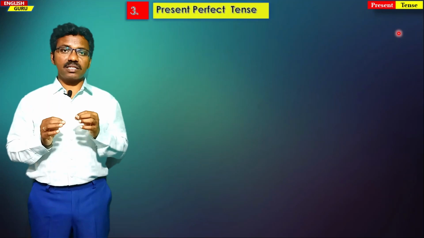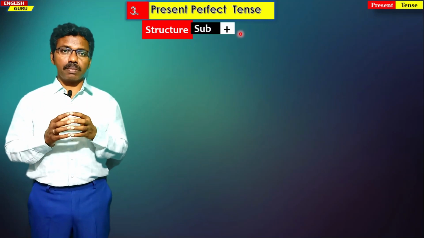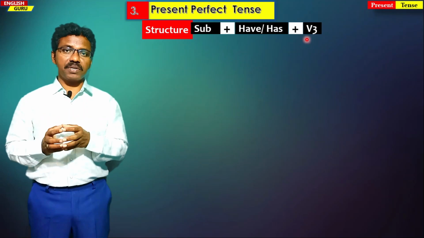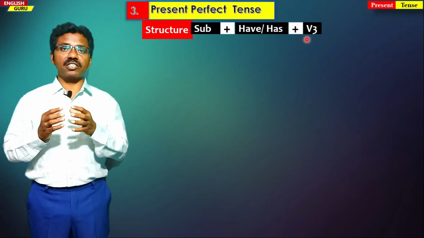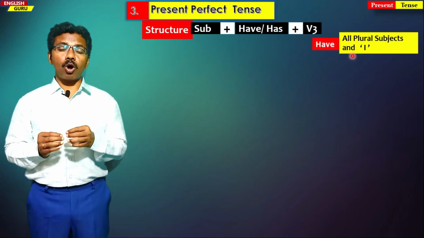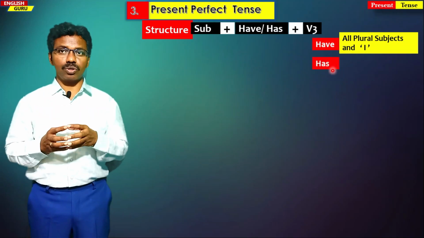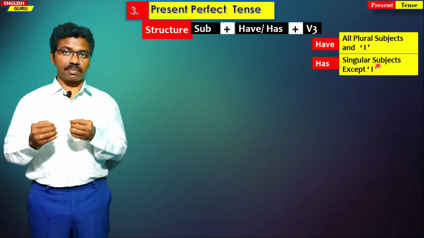And the third tense in present tense is present perfect tense. The structure of a sentence in present perfect tense is subject plus have or has plus verb 3, which means third form of a verb, that is the past participle of a verb. And have is used for all plural subjects and I, first person singular also, and has is used for third person singular subjects.